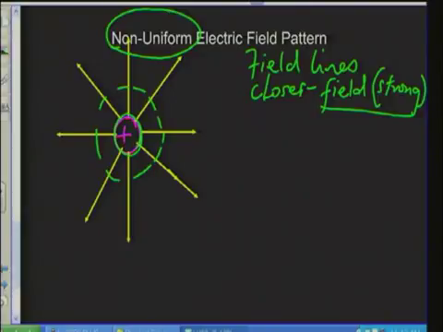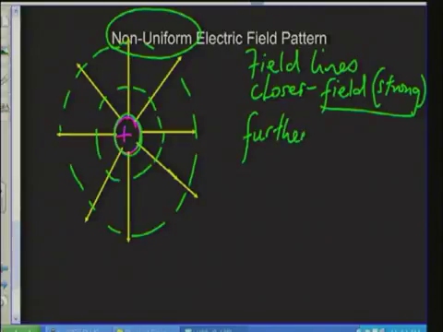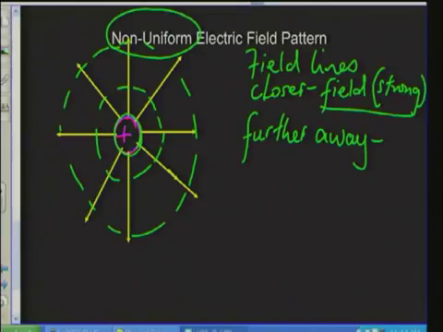But as you move further away from the charge, the field becomes less strong. The field lines are spreading out, getting further and further away from each other, and that indicates that the field is weak. The field strength is weak there.